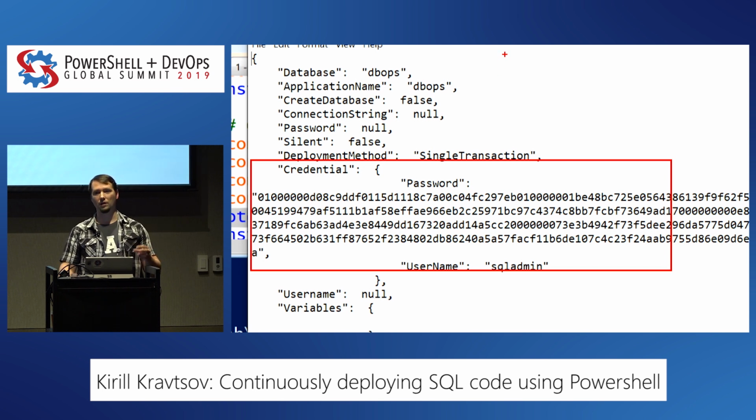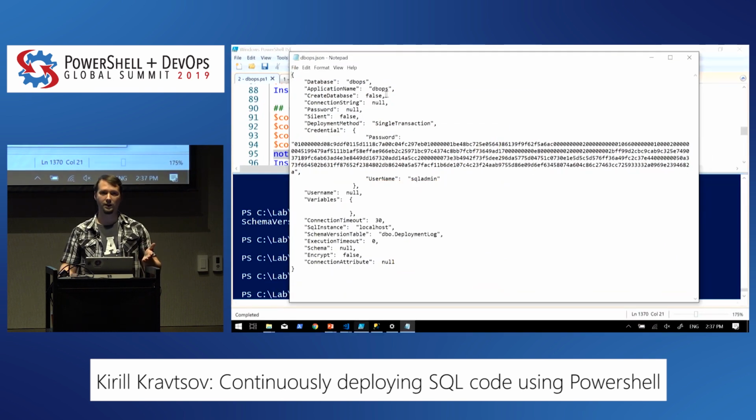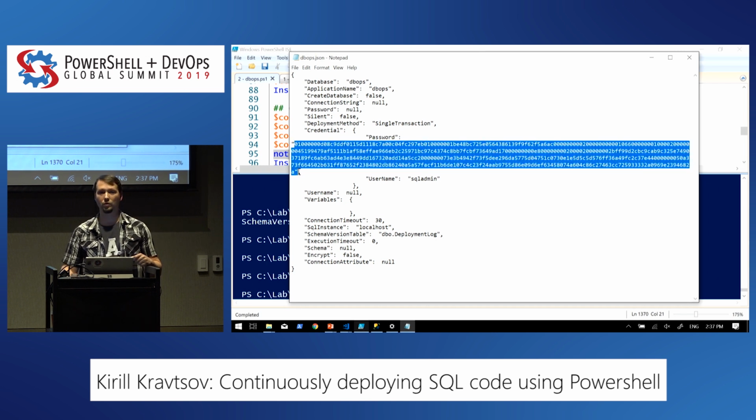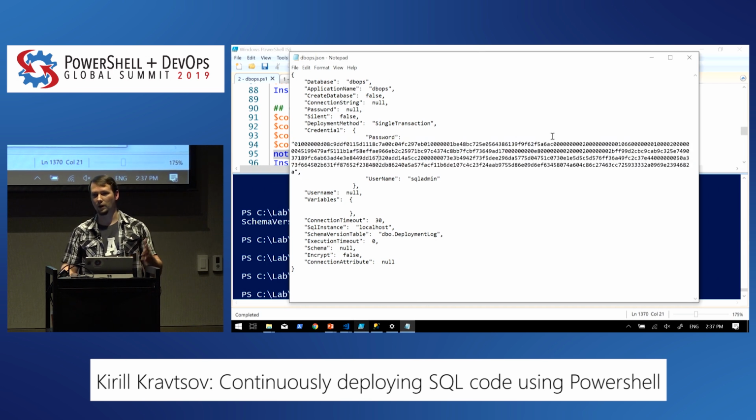So if you try to run it under a different Windows user or on a different machine, it will fail because it doesn't have the keys. And in your case, you can run your CI pipeline and then build the configuration file and then execute it on the same server. And that's the only way the password will not be exposed to anyone who's going to just have access to your files.